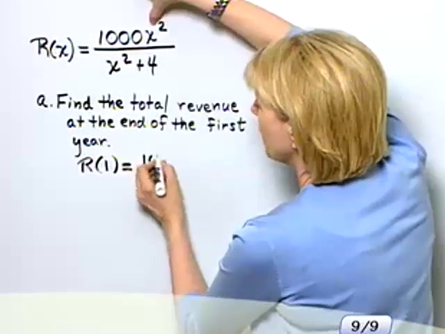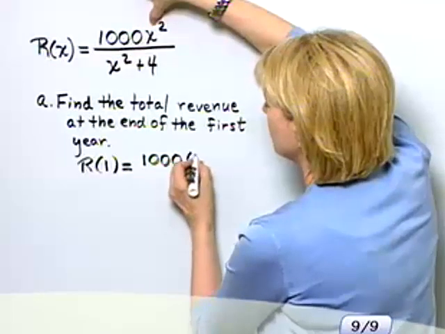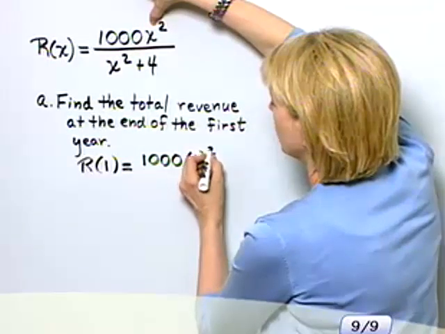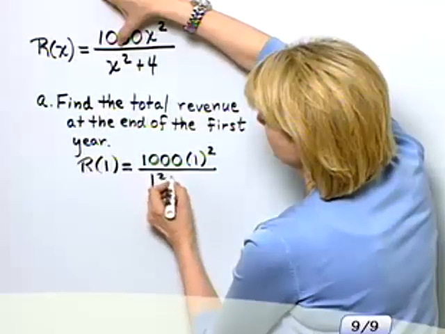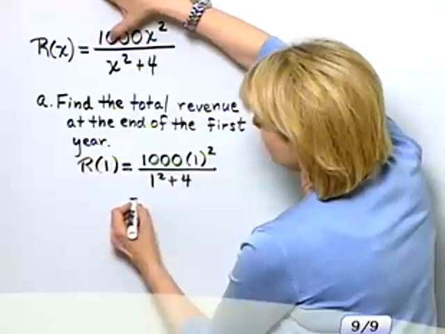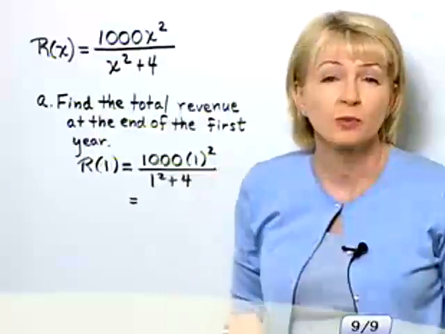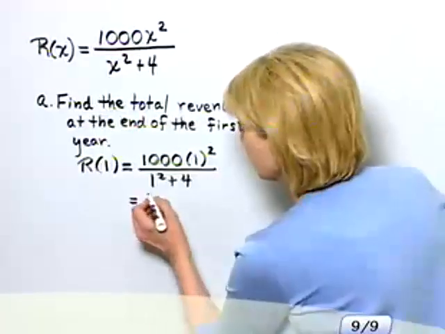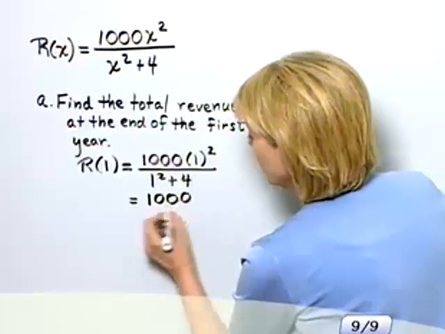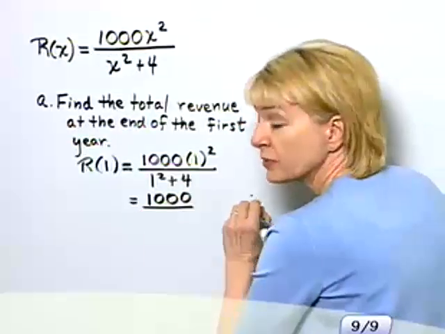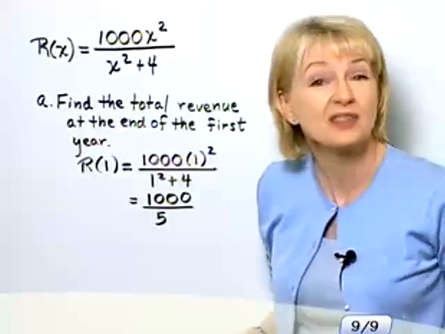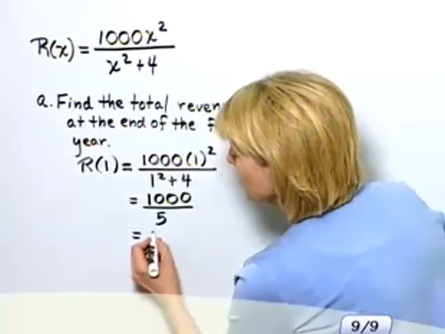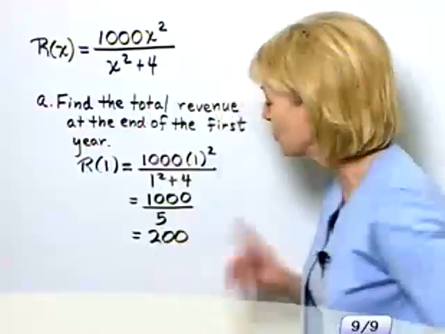So this is 1,000 times 1 squared over 1 squared plus 4. And what is that? 1,000 times 1 squared, that is 1,000, over 1 squared is 1, plus 4 is 5. What is 1,000 divided by 5? That's 200. So R of 1 is 200.